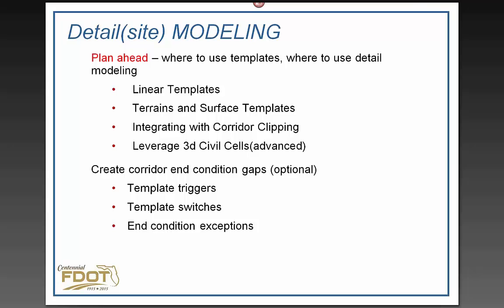But if you plan in gaps on your corridor where you don't actually add in the curb and the sidewalk, the buffer, and all the end condition slopes through an intersection, then when the corridor reprocesses, you won't have to worry about all the clipping. But it is optional. The software works either way.